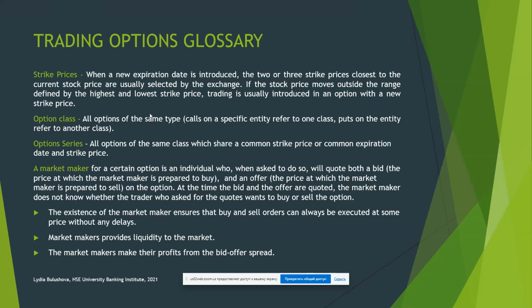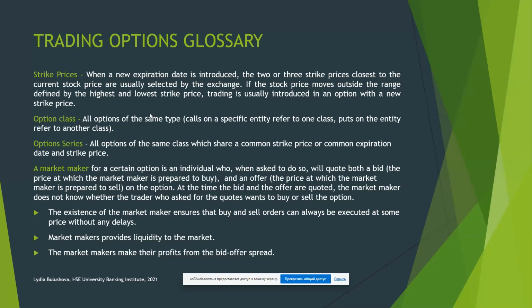When a new expiration date is introduced, a certain range of strike prices closest to the current stock price are selected by the exchange. If the stock price moves outside the range, a new set of strike prices is introduced.